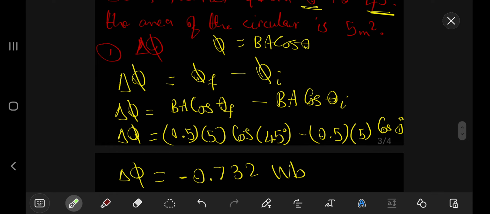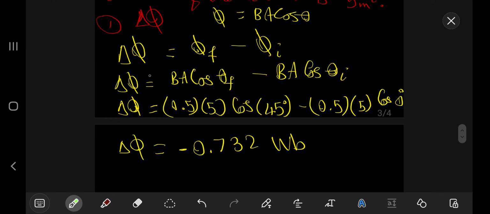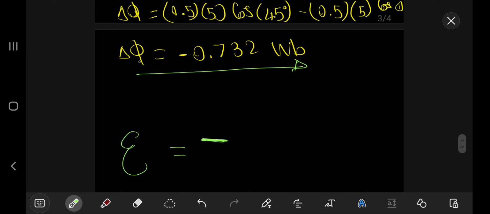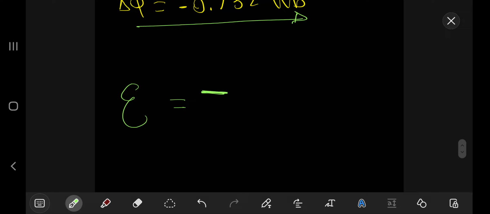It is because the current or the EMF which is induced, let's say the current that is produced, is opposite to this change in magnetic flux linkage. So that is why we put negative here. It is because the current which is induced opposes this change in magnetic flux linkage, right? So that is why we put negative.